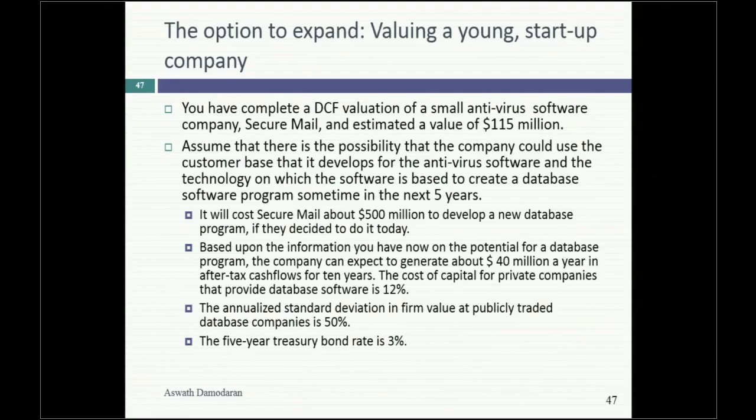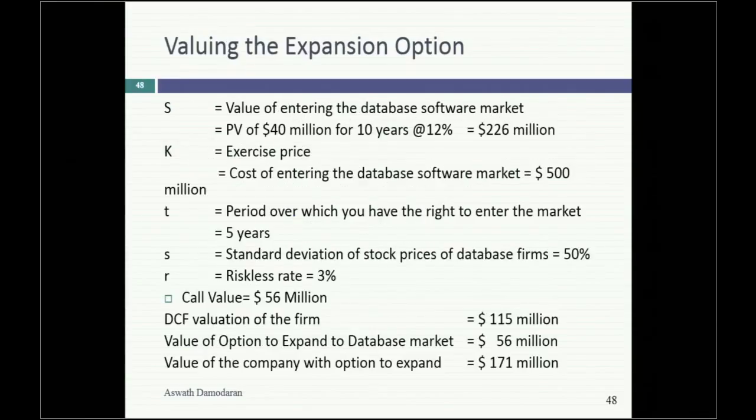So here's what I'm going to do. I have $115 million as a DCF value based on the software business. There is this potential to enter the database business that right now is not viable. So if I put it into a DCF, it's going to say don't do it, but there's an optionality here. To value the option, here's what I did. I first took the present value of 40 million, assuming I developed the business today, which makes no sense, but I'll have to go with that assumption, and came up with 226 million.